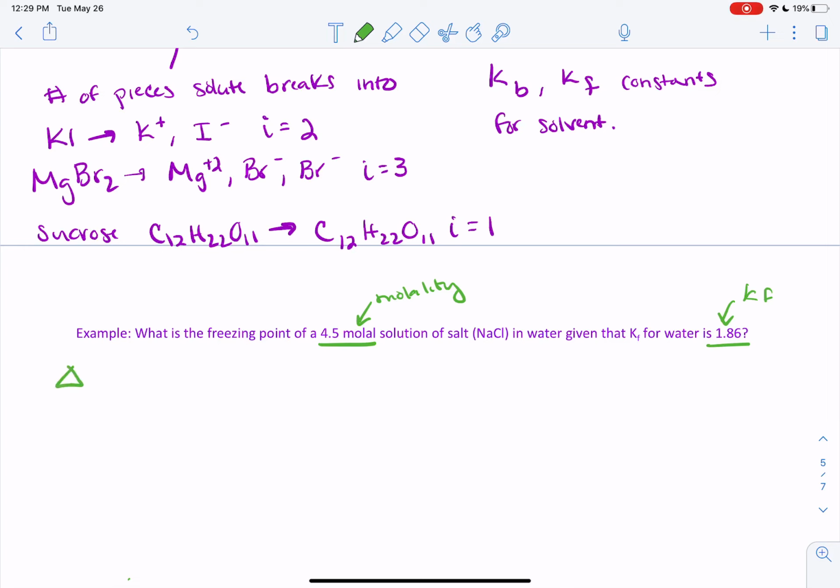All right, our equation is delta Tf equals i times Kf times molality. We have the Kf and the molality, but we don't have i. So we have to look, all right, NaCl, what is that going to break into? It's going to break into a sodium and a chlorine. So your i is 2, it breaks into 2 pieces.